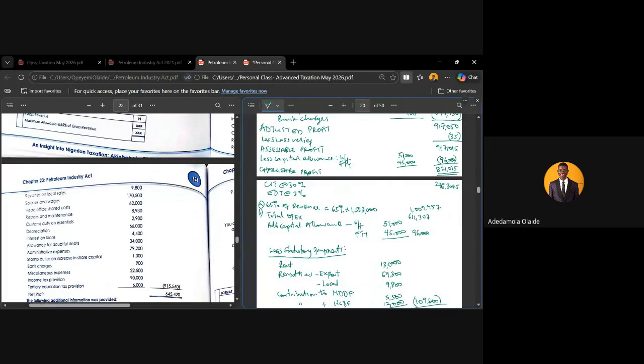Education tax. EDT, please. EDT will be 16,420.3, 2% on the assessable profit before relieving losses.